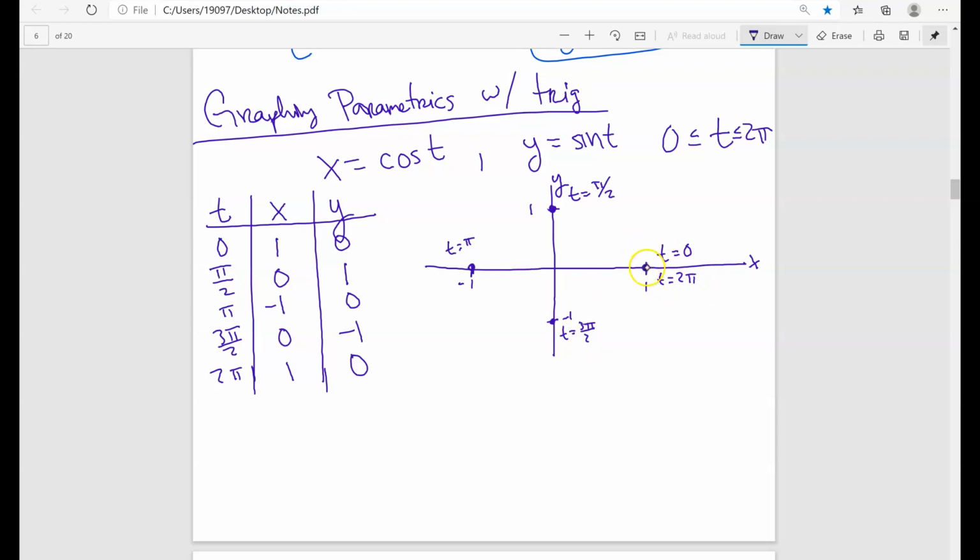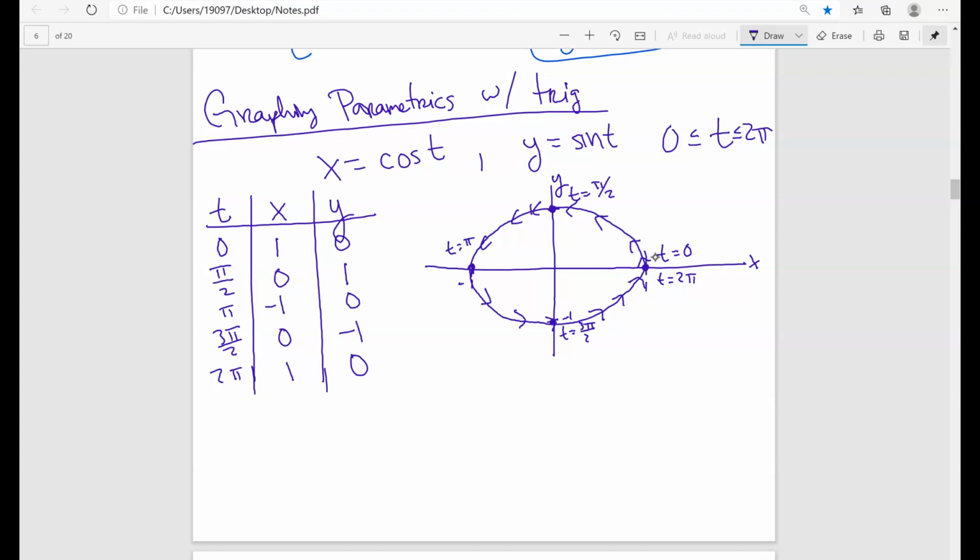So basically what you can see is that this graph, and it should come as no surprise, should actually be the unit circle. So this actually is a unit circle. Now we have to make sure that we graph the orientation of this. So we have to draw little arrows pointing counterclockwise. Okay, so that would be my parametric curve.